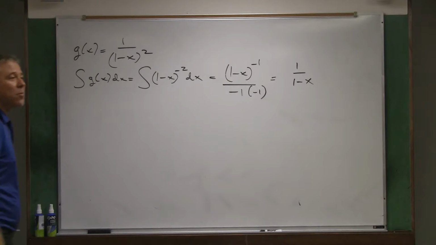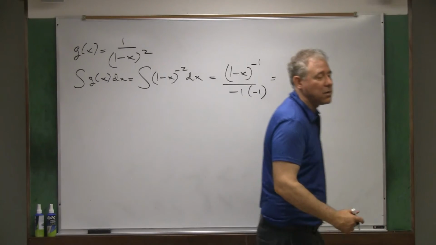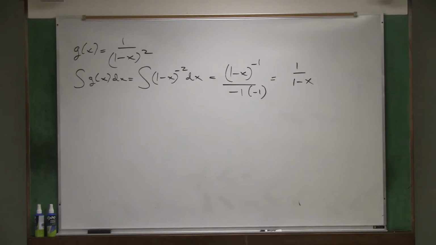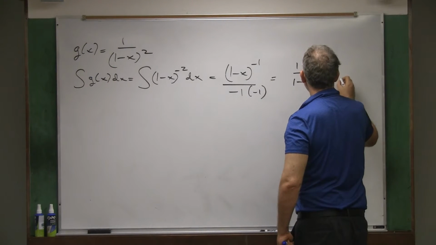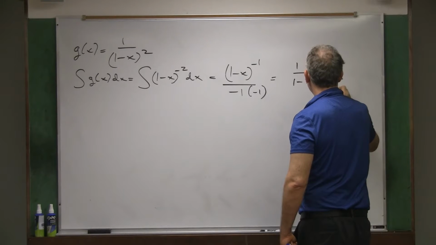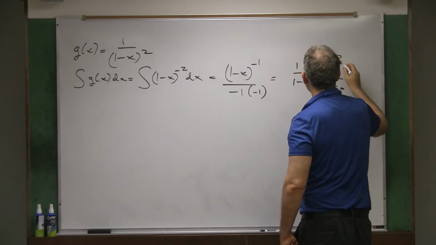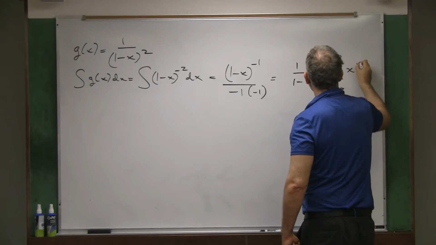What is 1 over 1 minus r? Yeah, I forgot. It's the series r to the n, right? So this is the series x to the n.